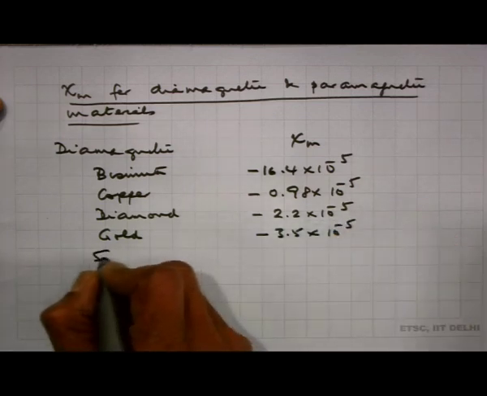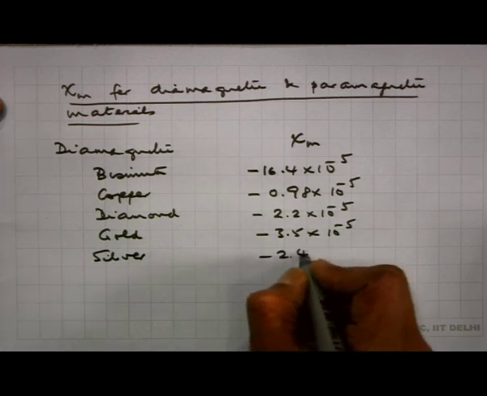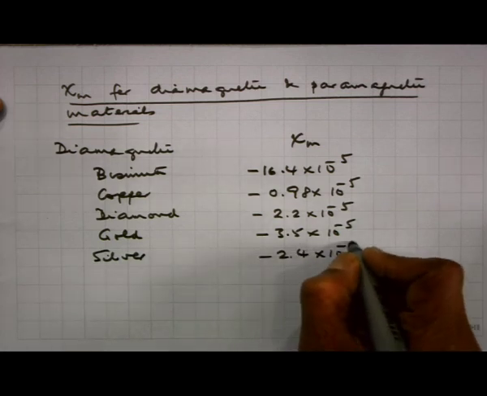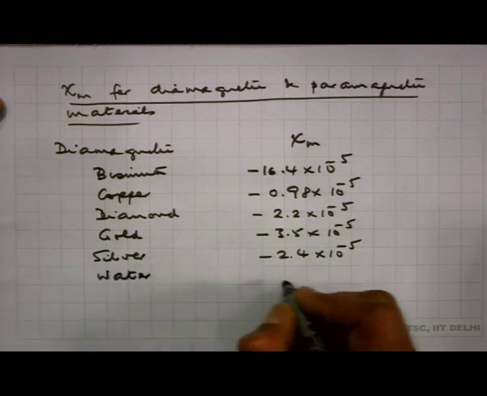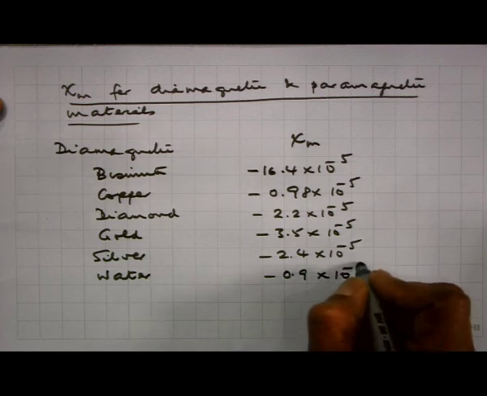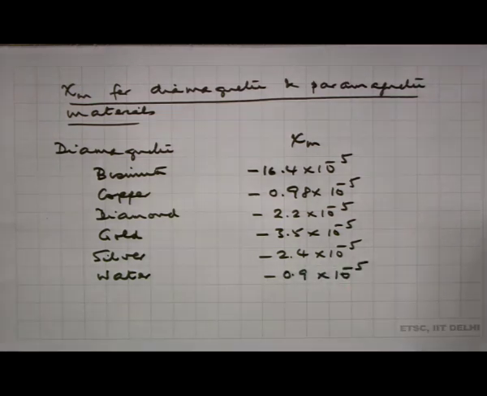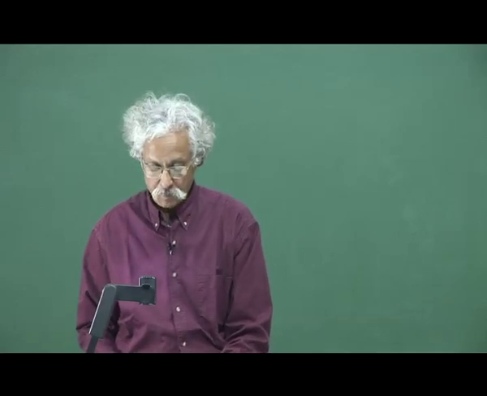Silver, minus 2.4 into 10 to the minus 5. Water, minus 0.9 into 10 to the minus 5. So, as you can see here, the susceptibility is very small, and so mu is approximately mu naught, and all the susceptibility values are negative.